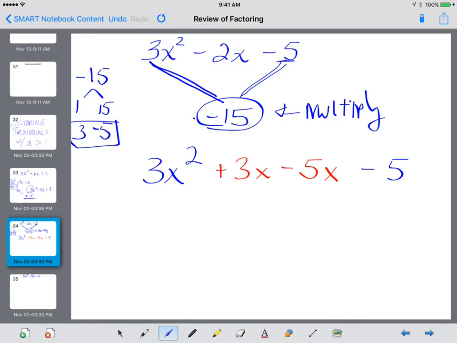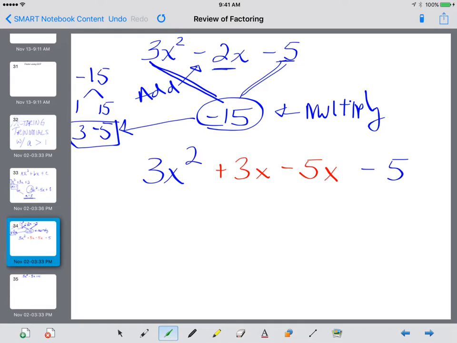We figured out 2 numbers that multiply to get negative 15 and add to get negative 2. That was 3 and negative 5. I rewrite them in the middle and attach an x to each, because 3x minus 5x is negative 2x. So it means the same thing, it just looks a little different.